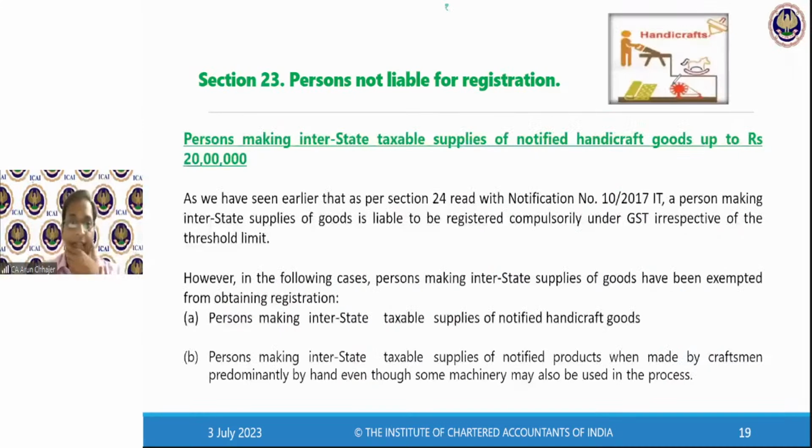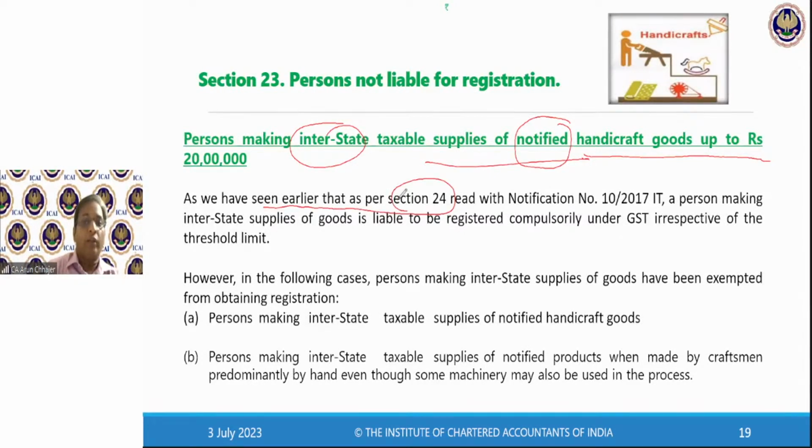Next is handicraft goods. Persons making interstate taxable supplies of notified handicraft goods up to rupees 20 lakhs. As we have seen earlier, as per section 24 read with notification 10, a person making the interstate supply of goods is liable to take registration.